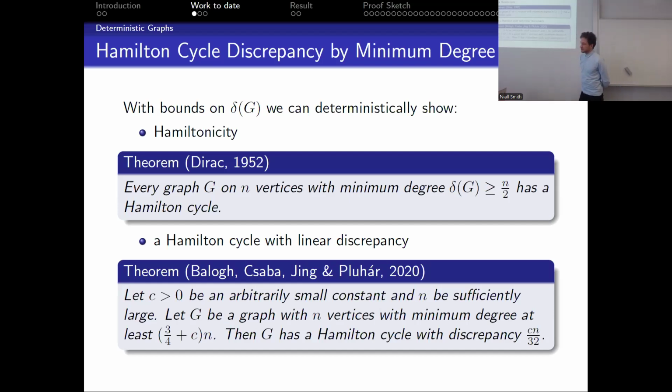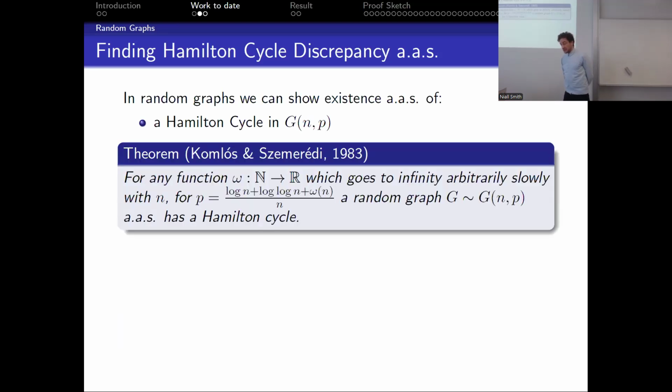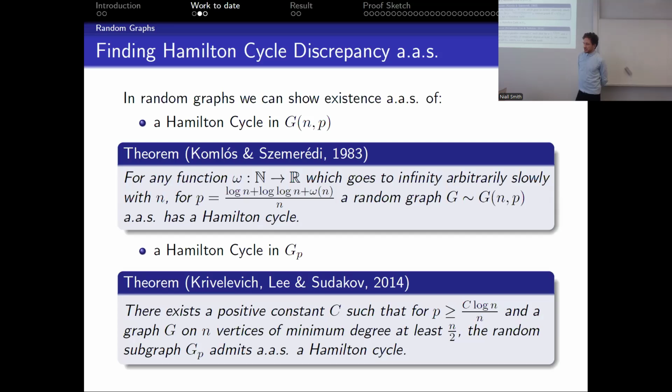Okay, so that's the deterministic side. We are looking at random graphs. The classic result for a Hamilton cycle in a random graph G(n,p): Komlós and Szemerédi showed that this is the threshold for a random graph having a Hamilton cycle with high probability.